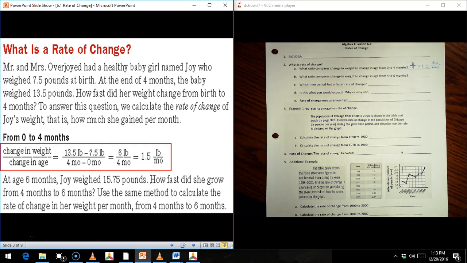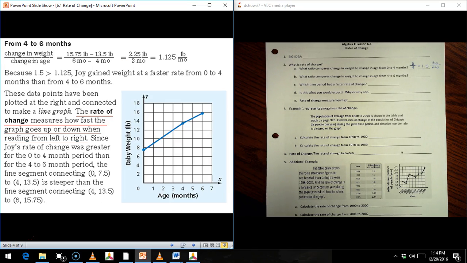So that's A. Now, the question that comes next, 2B, what ratio compares change in weight to change in age from 4 to 6? We're going to do the exact same thing. Now, at the bottom of this slide, it says at age 6 months, Joy weighed 15.75 pounds. How fast did she grow from 4 to 6? We're going to use the same method.